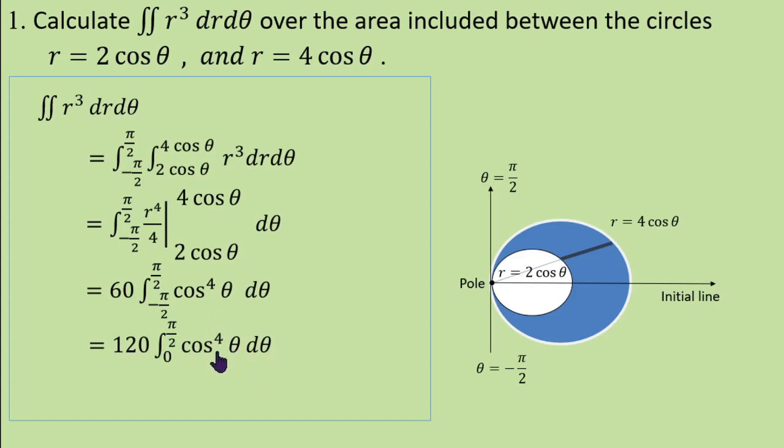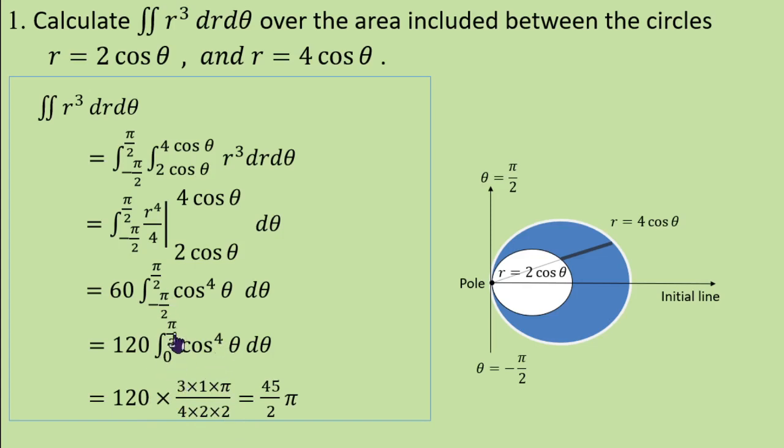And using the reduction formula concept, for cos power 4 theta, since 4 is even, the integral of cos power 4 theta from 0 to pi by 2 is nothing but start the denominator from 4 and then numerator 3, and then 2, 1, and then multiplied by pi by 2. So that is the concept, 4, 3, 2, 1 and multiplied by pi by 2 because n is even.